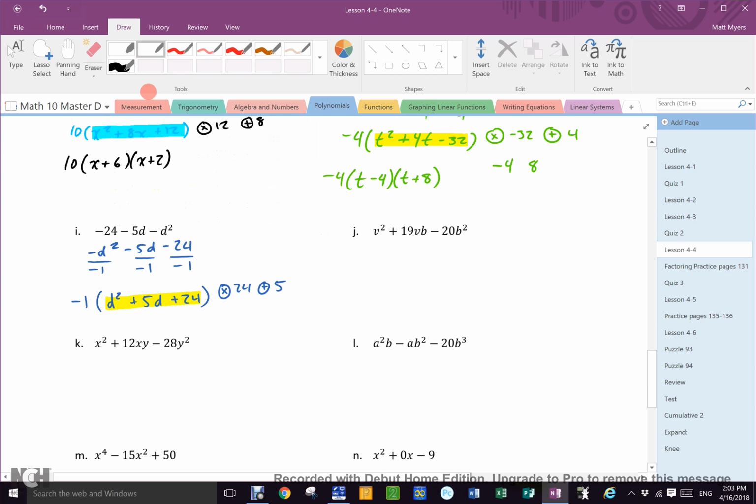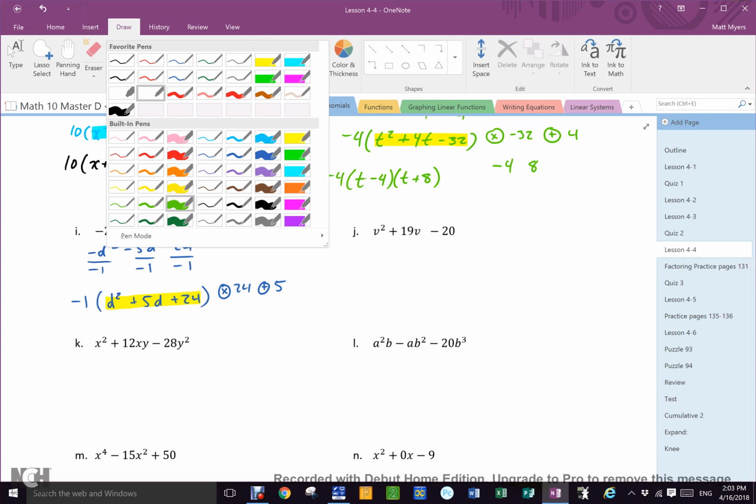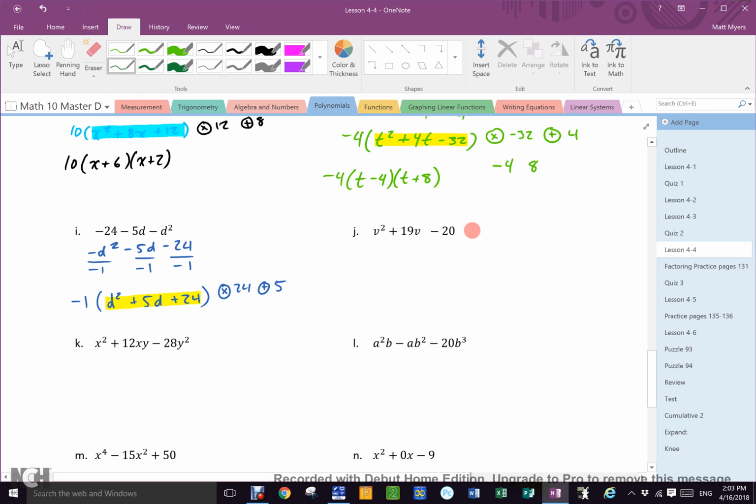There's different variables, correct? If I did this, could you do that? What would you do? Talk to me. You would need numbers that did what? Multiply to -20 and add to 19.